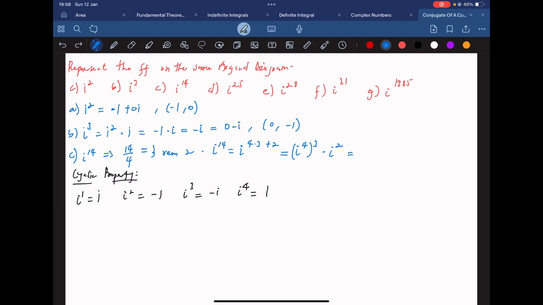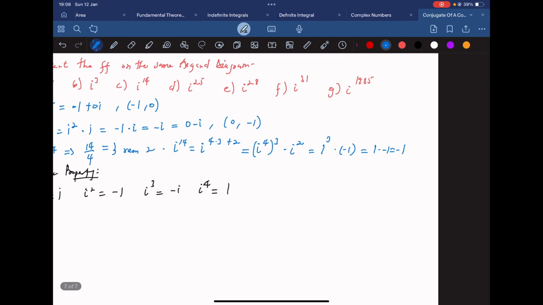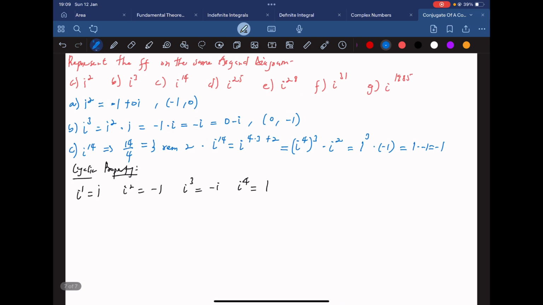So we can have 1 cubed multiplying i squared, which is the same as -1. Now 1 raised to any power is 1, right? So we have 1 multiplying -1, and this is just -1. So if you want the coordinate form, this is -1 plus 0i, so you can have -1, 0. So please pay attention to these numbers that we have over here. Okay, and now we've gotten this.